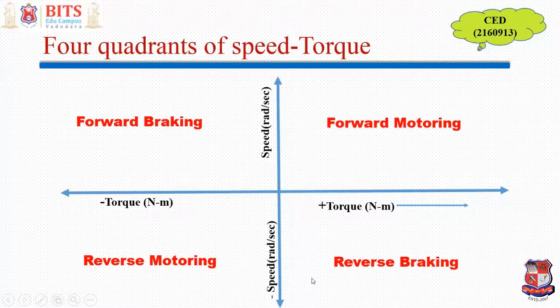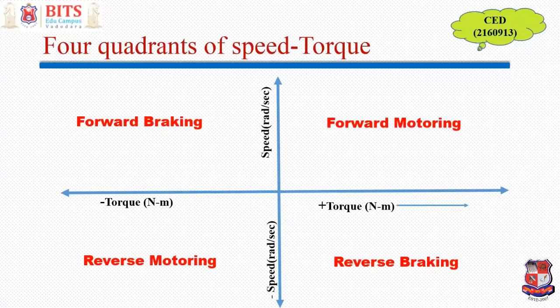Now, before we go any further, if these are the 2 axes which are dividing my plane into 4 parts, then I have to first take the nomenclature, which is positive and which is negative. So for the 4-quadrant operation discussion, positive torque is the torque which is causing the motor to move in the forward direction, and negative torque means the torque which is opposing the motion.